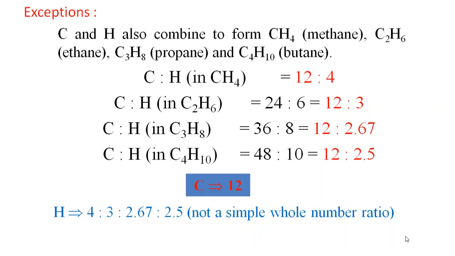The ratio of hydrogen in all the four simple hydrocarbons by mass with 12 units of mass of carbon are 4:2.67:2.5, which is not a simple whole number ratio. Therefore, the law is not applicable here.